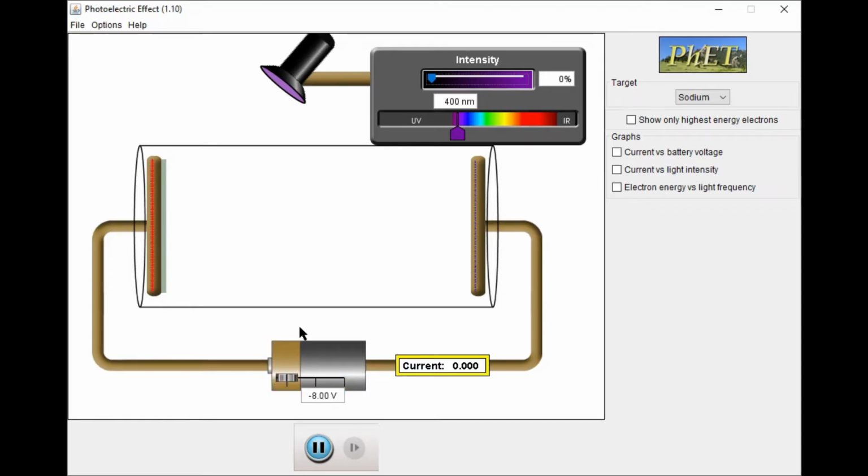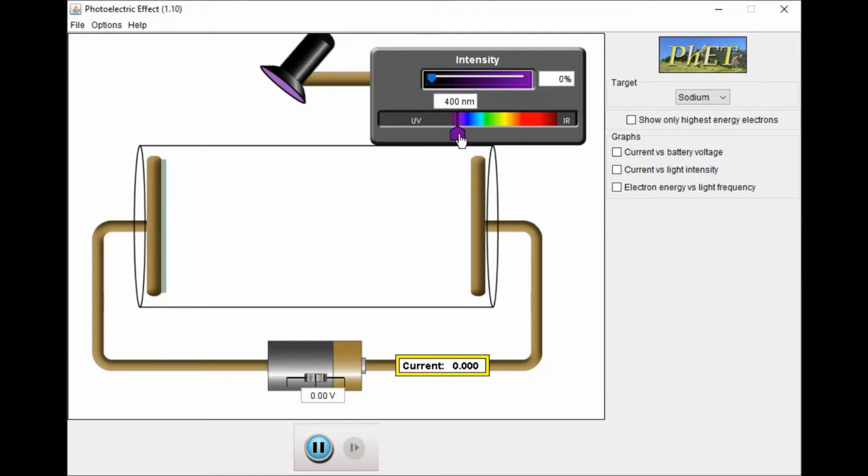It's difficult to see, but on the plates, this plate right now is positively charged and this plate is negatively charged. So this is the positive end of the battery and the negative end of the battery. When I flip it the other way, now this plate is positively charged and this plate is negatively charged. So I'll set the voltage of the battery back to 0.